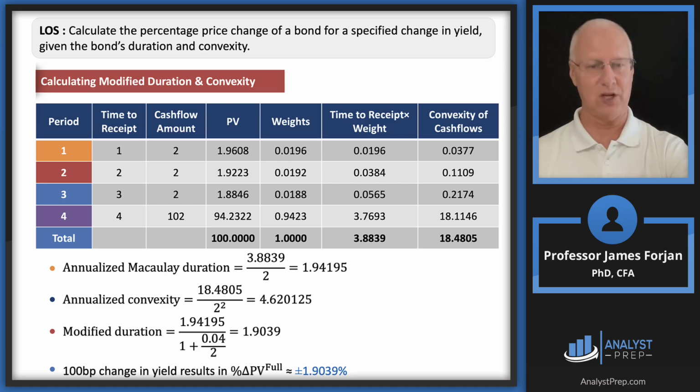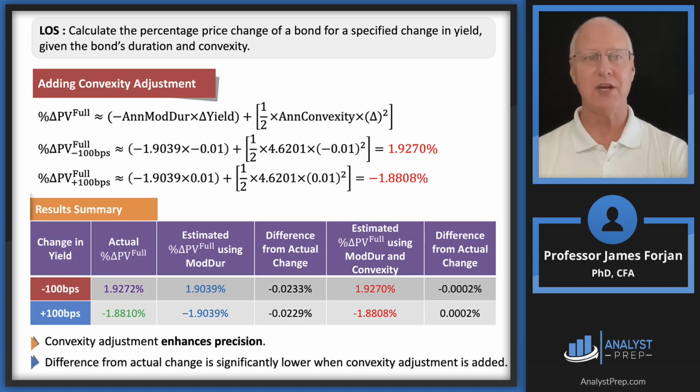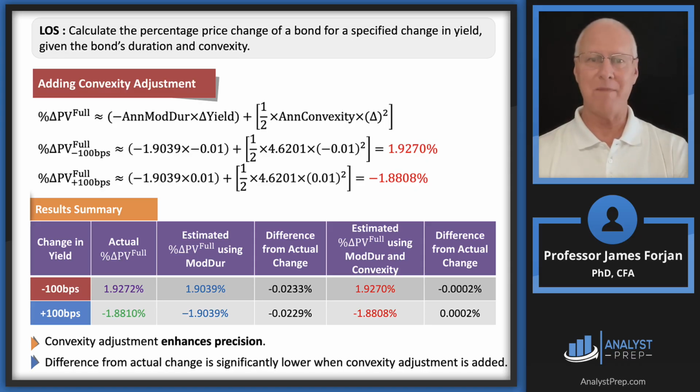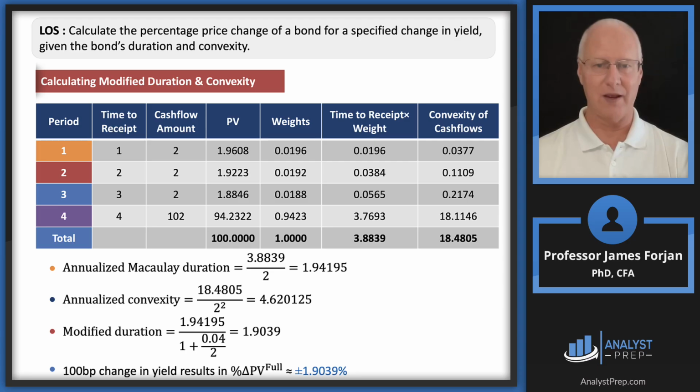All right, so that's just duration. What we need to do is add the convexity adjustment. Our change in yield is 0.01, but one of those is positive and one is negative. If you do the math, there's the red over on the far right, you're going to get 2 different answers because of the non-linearity in the relationship. Let me go back here.